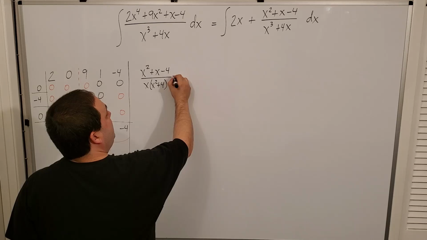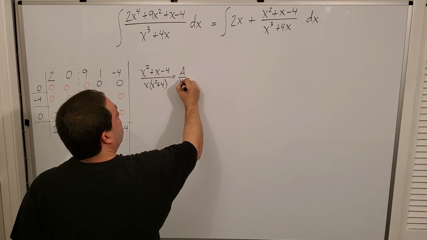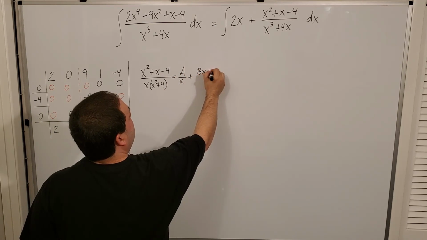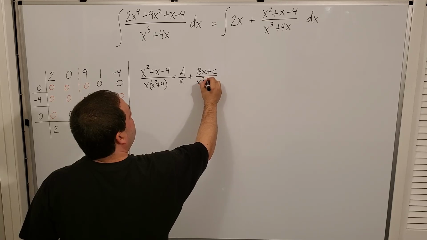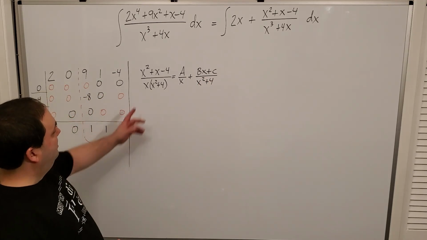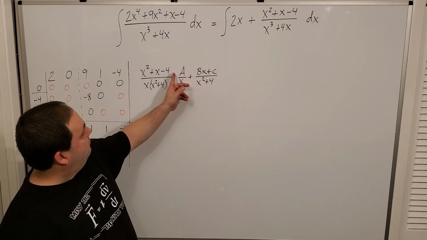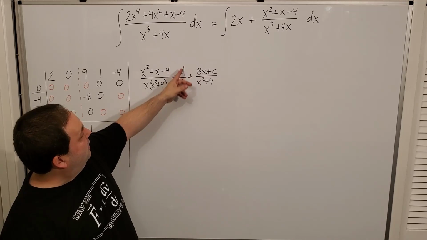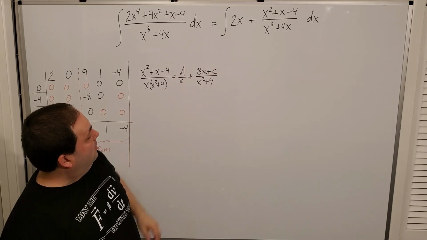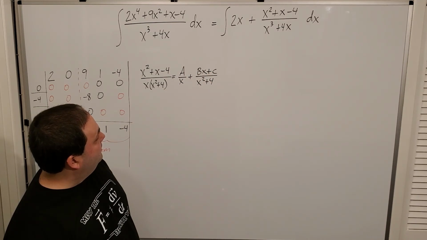And that's going to be equal to A over x plus Bx plus C over x squared plus 4, because I have one linear and one quadratic form. So the linear has a number, the quadratic has a linear number on top of it.